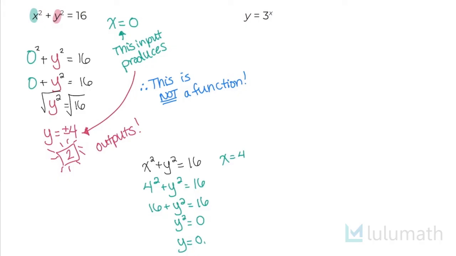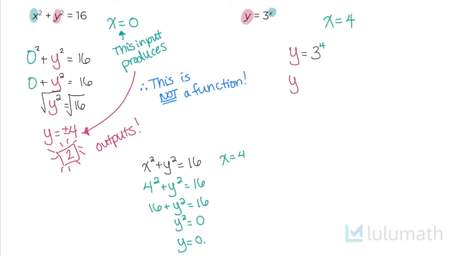Okay, in our last example of y equals 3 to the power of x, we have our input of x and our output of y. And if I take any x value, so let's say, for example, x equals 4, I would end up getting y equals 3 to the power of 4. And 3 to the power of 4 is 81.